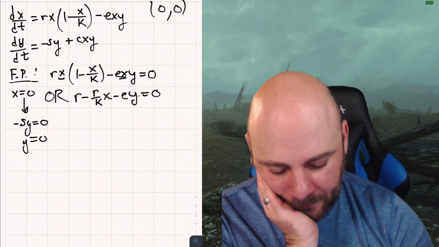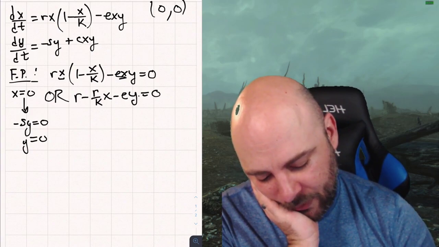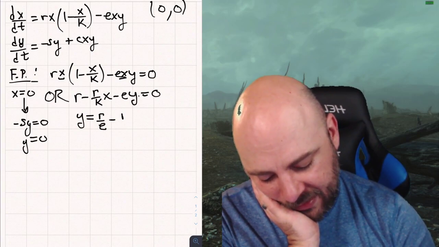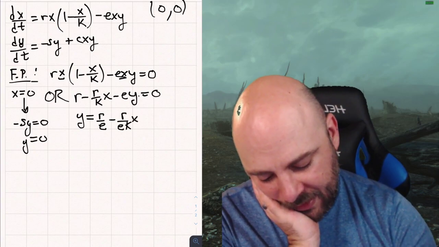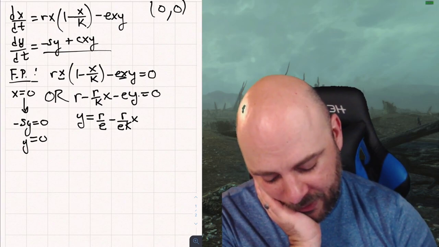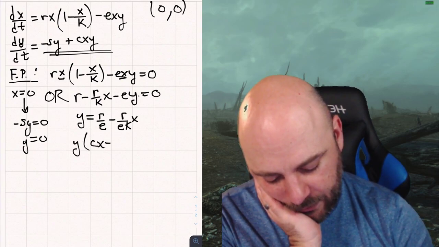Okay. Now this fact right here, let's go ahead and preempt with something. Let's solve for y equals r over e minus r over eK x, and then we take my y prime equation, and I'm going to rewrite it as y times (cx minus s) equals 0.